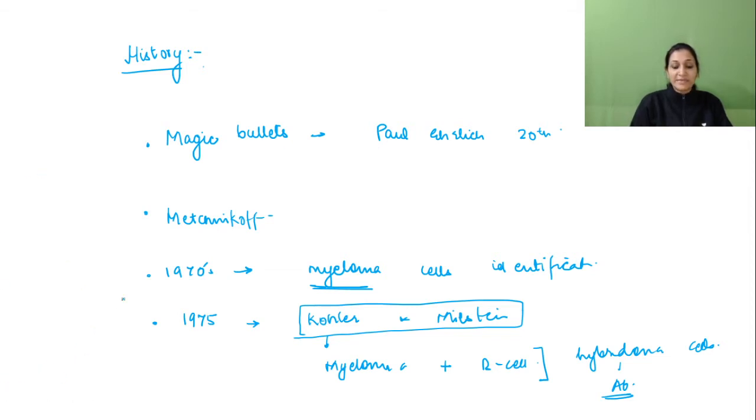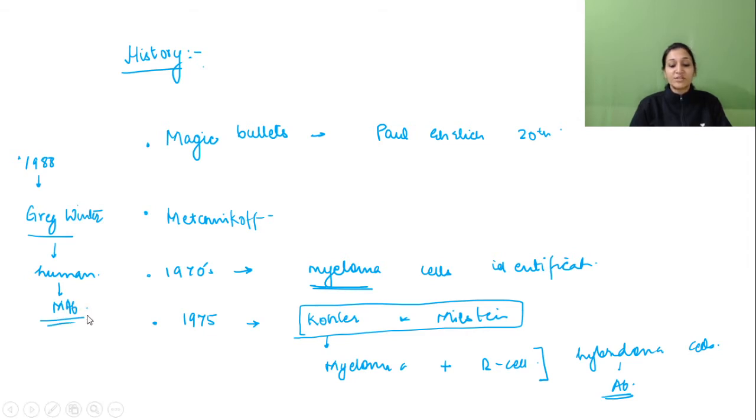Now one more scientist, in the year 1988, Greg Winter and his team gave the technique to humanize monoclonal antibodies, the production of a human monoclonal antibody, eliminating the reaction that other antibodies would have caused, because previously the antibodies were non-specific to humans, as they were produced by some other species.